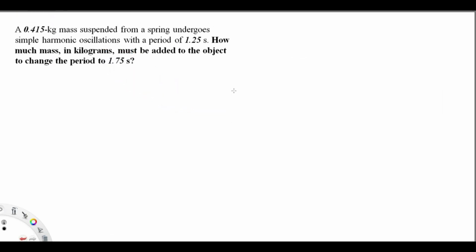So we have a 0.415 kilogram mass suspended from a spring, undergoing simple harmonic motion with a period of 1.25 seconds. How much mass in kilogram must be added to the object to change the period to 1.75? So you have a spring mass system. Okay, for this mass of m1, the period is 1.25.